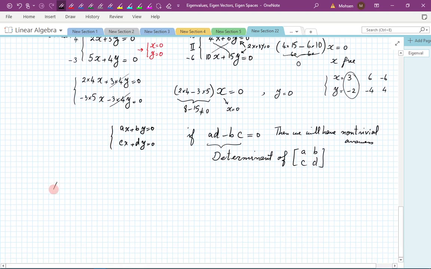So again, going back, I have the matrix 1, 2, 4, 3, and we are after lambda, and let me call this thing x, y.